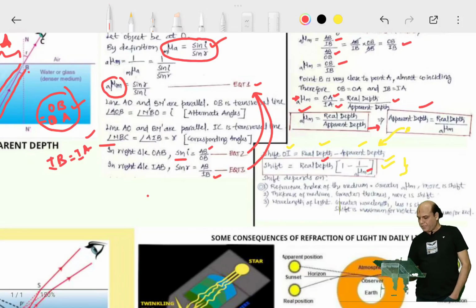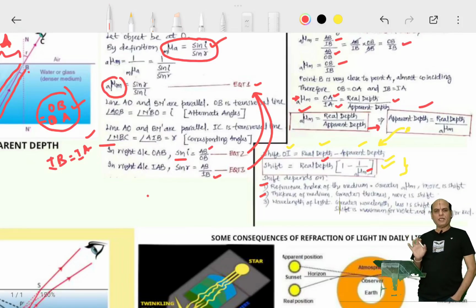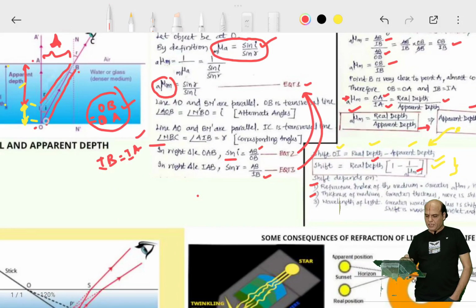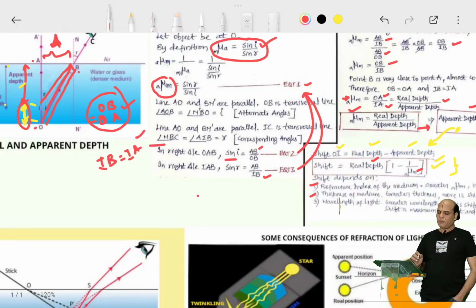Shift depends on refractive index, and shift depends on real depth, that is the thickness of the medium. Then shift depends on the wavelength of the light. So whatever the color or wavelength of the light, the shift depends on what color of light is moving through the media.